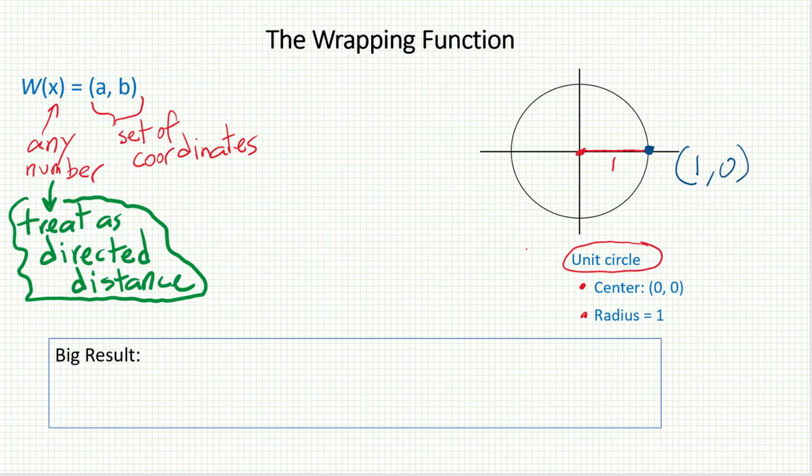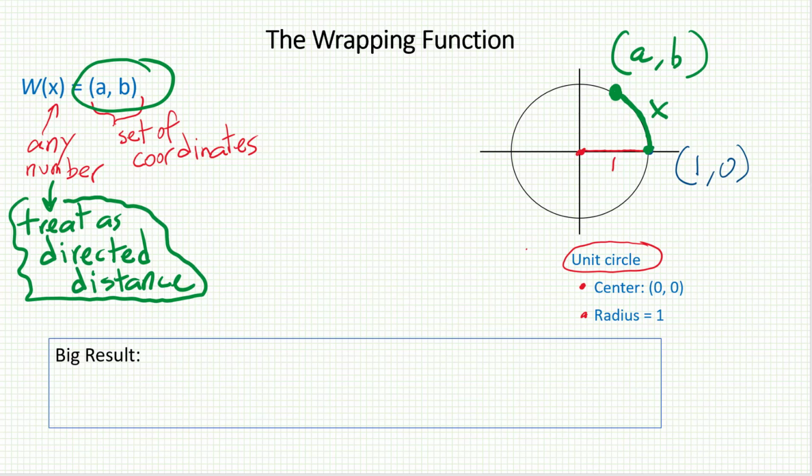The wrapping function is going to start walking along the edge of the circle until it has traveled a directed distance of x units. So once it's traveled x units, it stops, and the coordinates of the point where it stops are the coordinates that the wrapping function sends out. So again, x goes in, this distance is traveled, a comma b comes out.